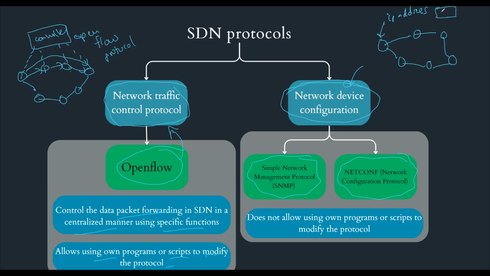We need to build the connection between the router and the controller, right? So we need to enable these routers to have a connection with the controller, and after the controller is connected, the IP addresses can be allocated for each of the routers, right?